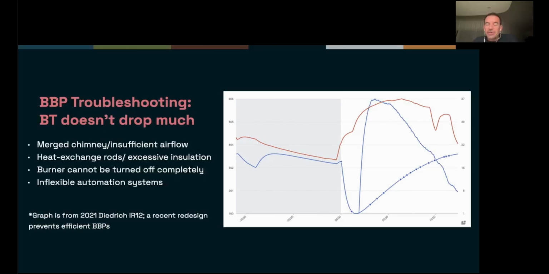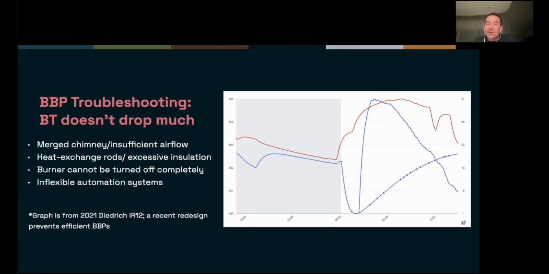And when the cooling fan is on, if there's a merged chimney, the roasting drum will get choked of airflow. The airflow going through the drum will get blocked in the chimney by the cooling air. That can prevent the drum from cooling adequately because there needs to be air passing through the drum to help it cool.